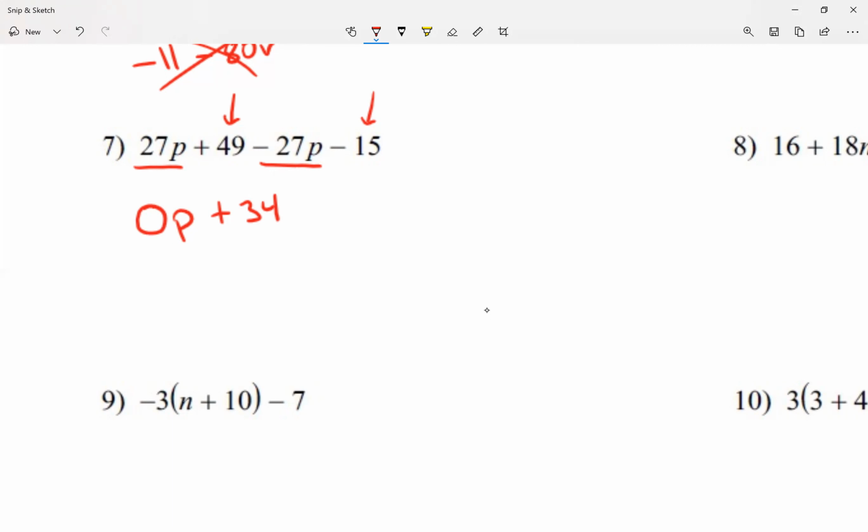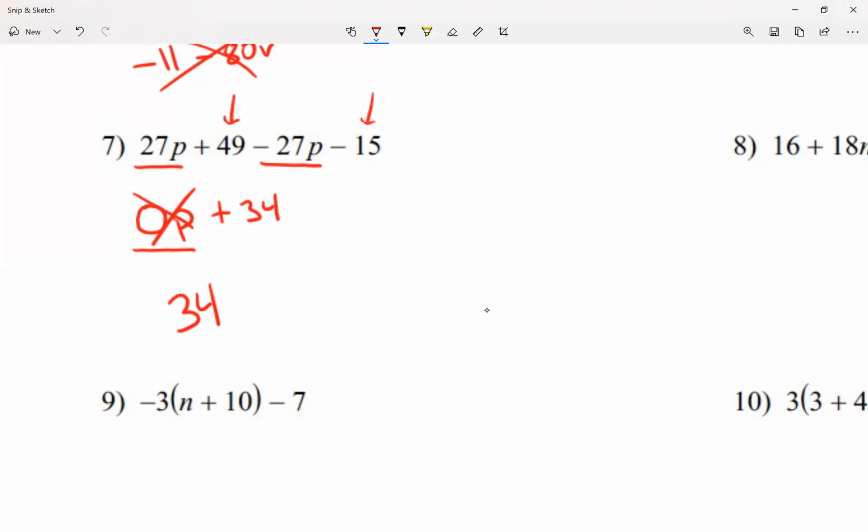Another rule that we're going to use is when the number in front of the letter is a 0, which is our case here, we're not even going to write that term. So I'm not going to write 0p. I'm just not going to write that term. So my answer is a positive 34. So I'm just going to write 34. There's no p because it canceled out.